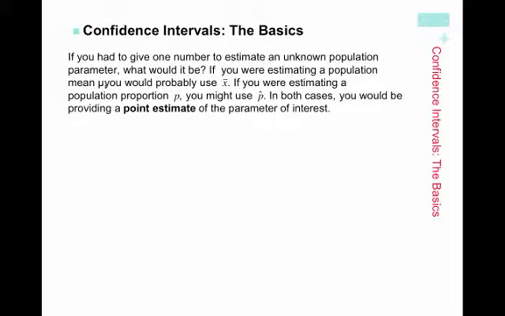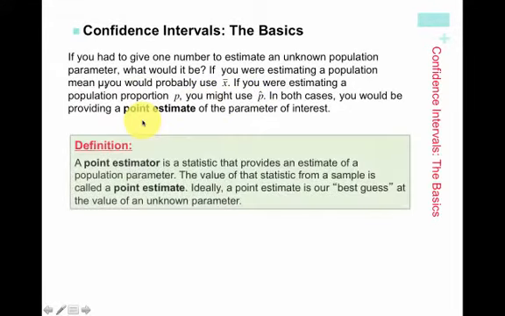So, before we answer that question, before we get our interval, if we had to give just one number to estimate our parameter, what would it be? Well, if we're estimating the mean mu, you would probably use x bar. If you're estimating a population proportion p, we'd use p hat. In both cases, what we're providing is a point estimator.